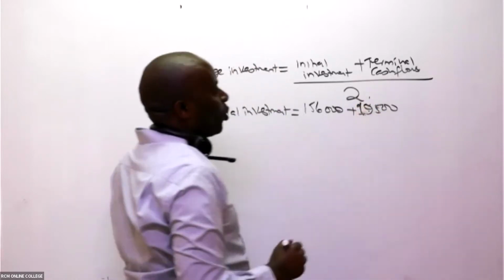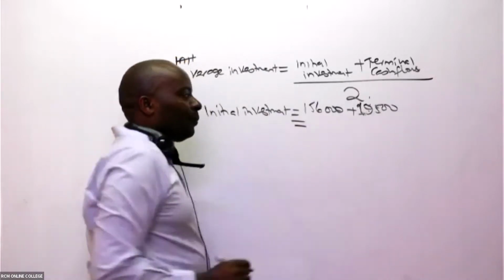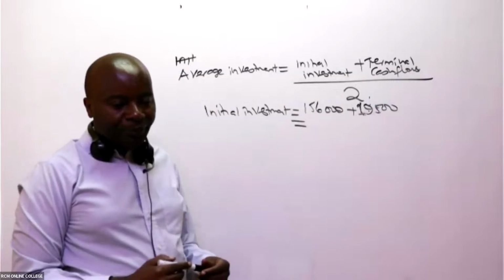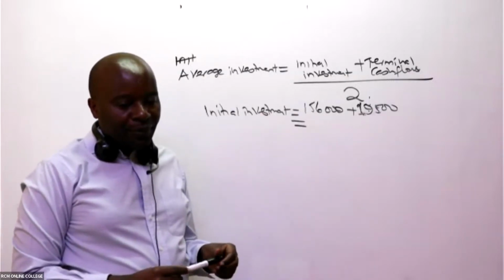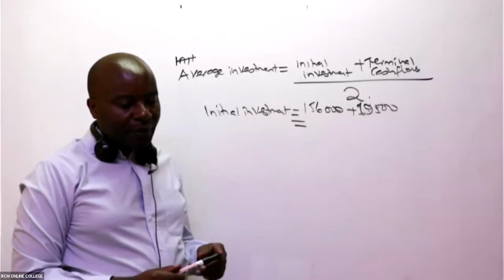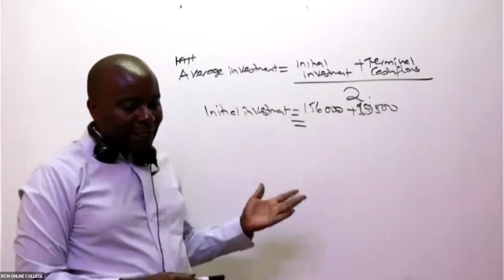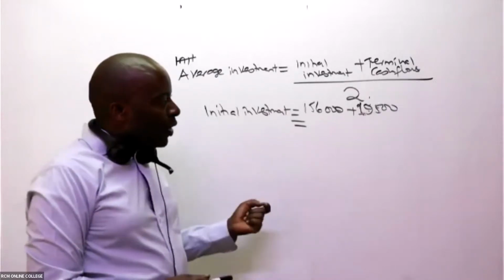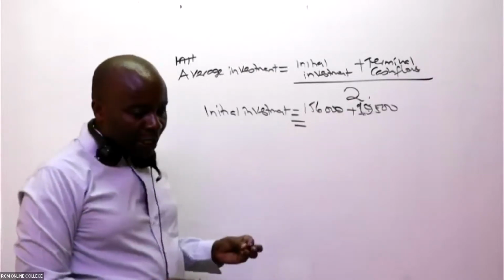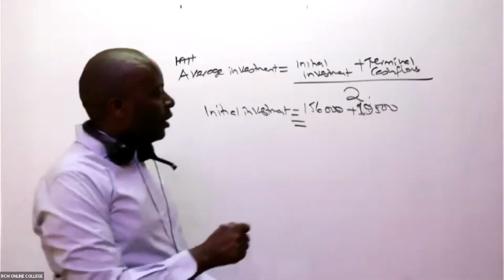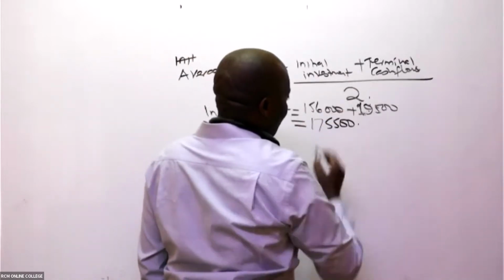Can somebody give me this figure? 156,000 plus 19,500. Remember, 19,500 is our working capital, which was invested at the very beginning. So they're giving me 175,500.